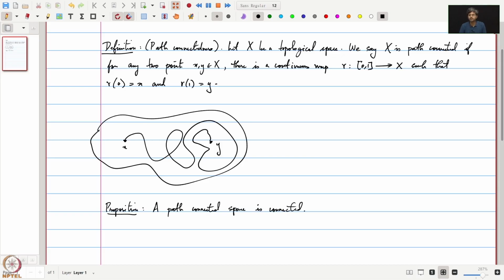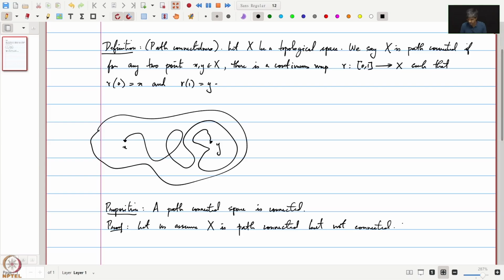Okay, so being path connected is a stronger notion than being connected. So proof. Right, so let us assume that X is path connected but not connected.